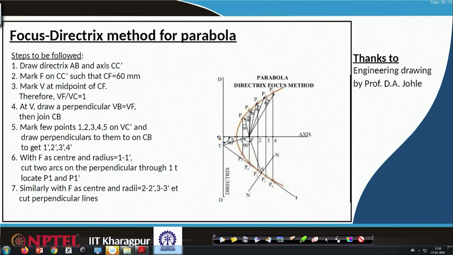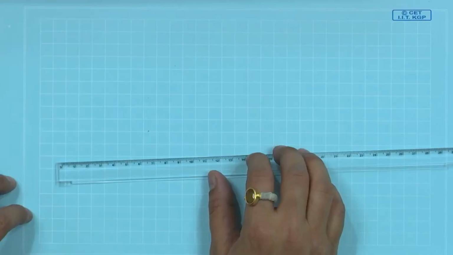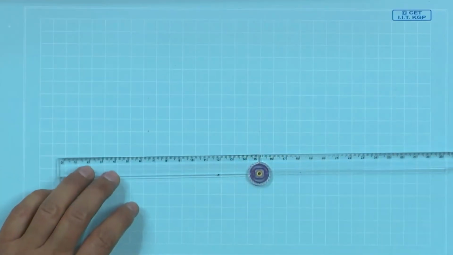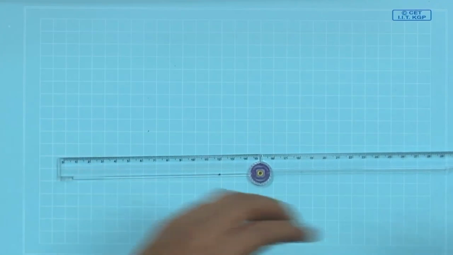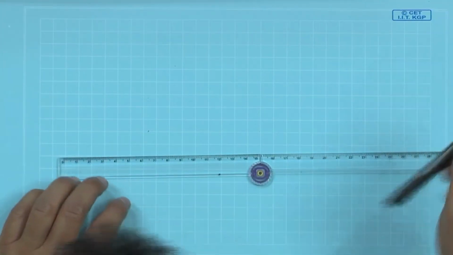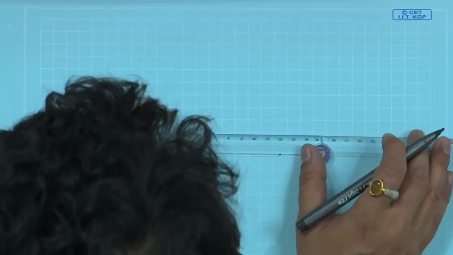Let us name this C, C prime, V point, A, B points as directrix. First draw the directrix AB on the axis CC prime. So, parallelly let us construct it on our graph sheet. AB we have to draw first.